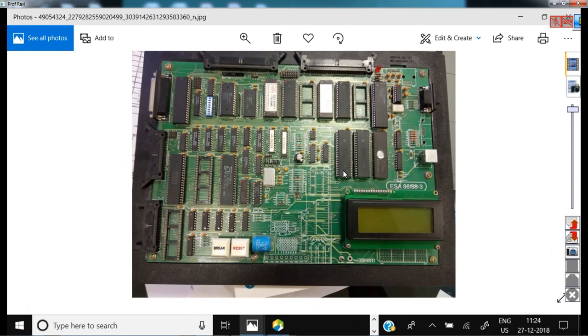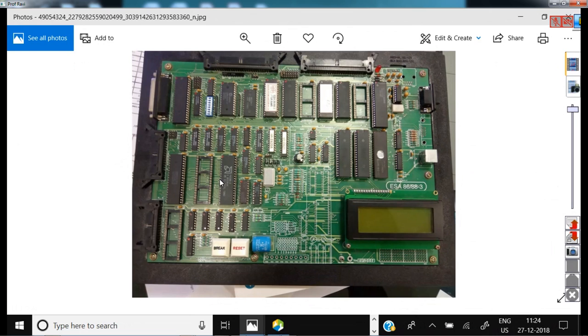If you have this in your lab, try to see here, this is the microprocessor. This is a 40 pin IC, and this entire system is designed to train BTech undergraduate students in microprocessor concepts.